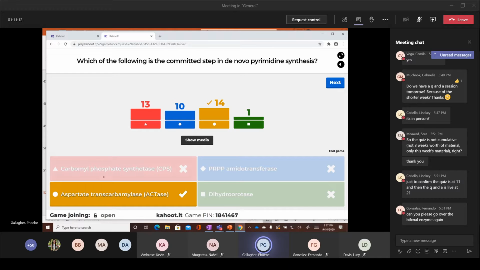But yeah, remember that CPS is going to be the first step in pyrimidine synthesis, and ACTase is going to be the second step, aka the committed step. So make sure to memorize the difference between the two.